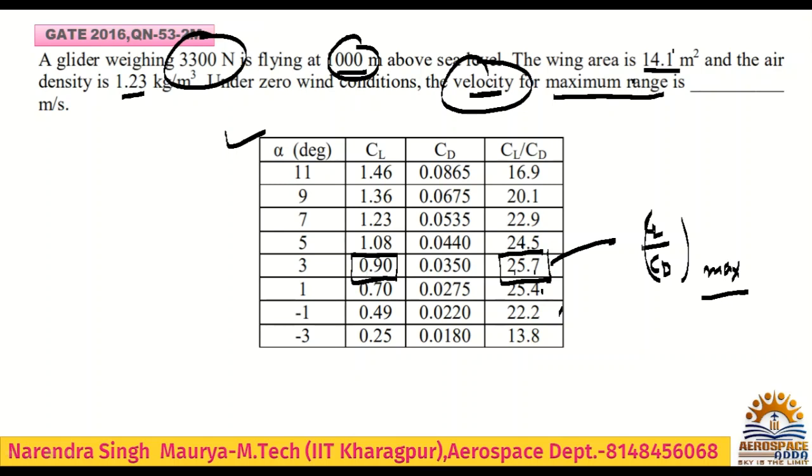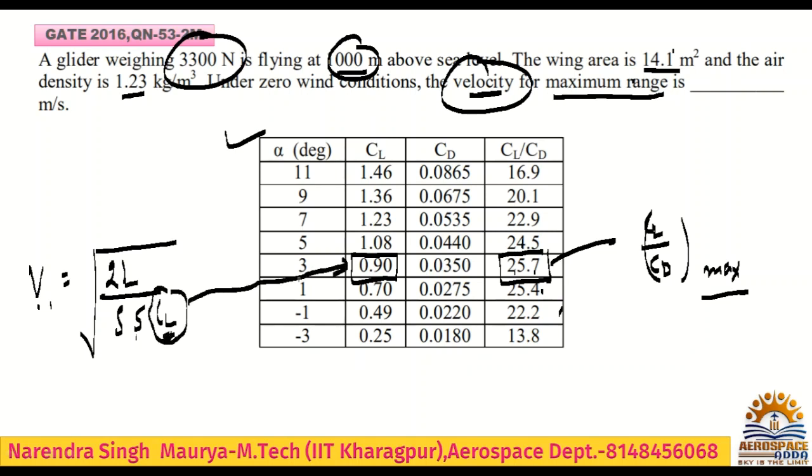For maximum CL by CD you have the maximum range condition, and at that condition you calculate velocity using V equals 2L divided by rho S CL. So CL will be 0.9. Hope you understood why we are using 0.9, and the gliding angle is 3 degrees.